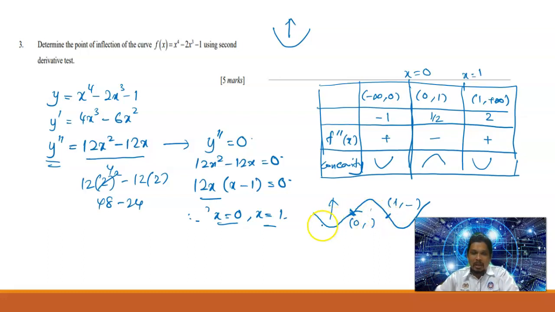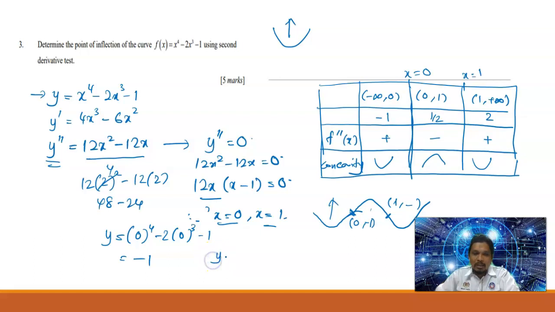So how are we going to find the coordinate of this? Substitute into this function of y. So y equal to 0 to the power of 4 minus 2 times 0 cubed minus 1. It gives you negative 1 here. So 0 and negative 1.